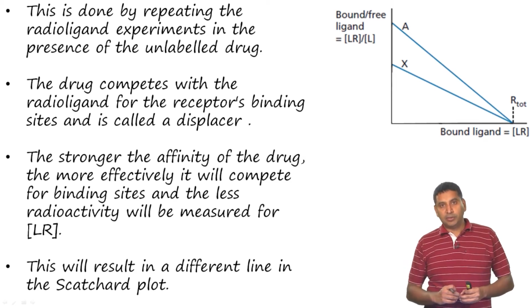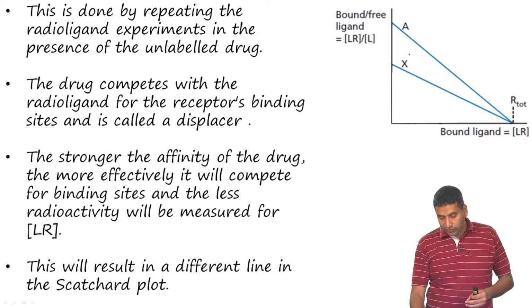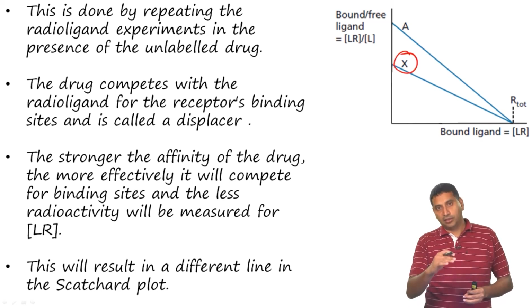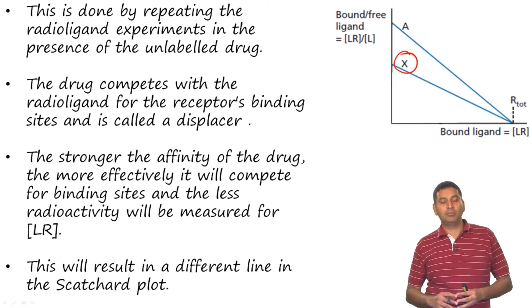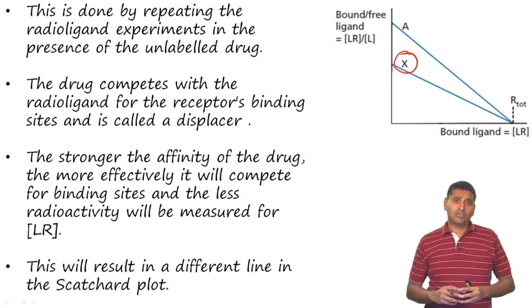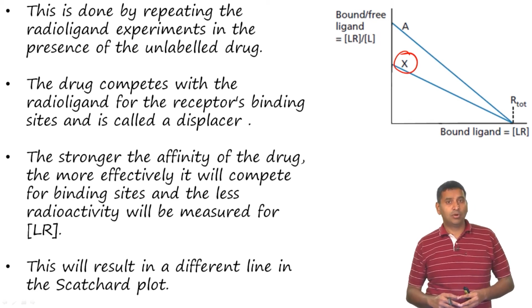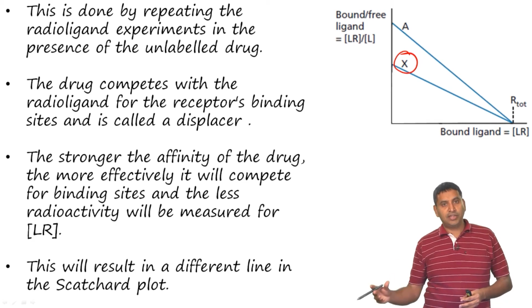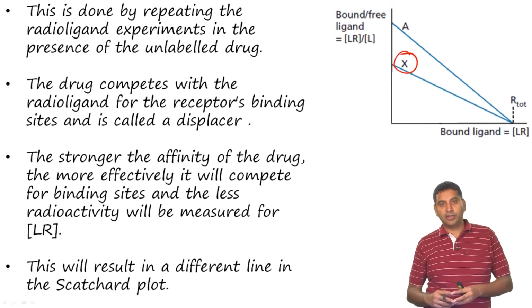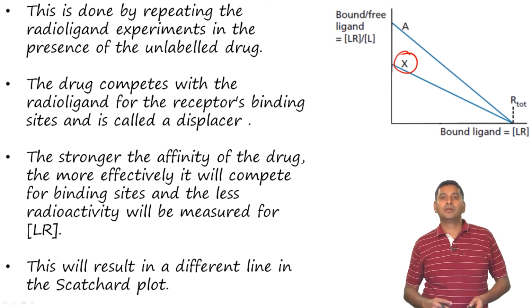Then you would expect to see a plot such as this, with a decrease in the concentration of Lr by L, because you are competing for the sites. The stronger the affinity of the drug, the more effectively it will compete for the binding sites, and the less radioactivity will be measured for Lr. So, you will get a different line in the Scatchard plot.